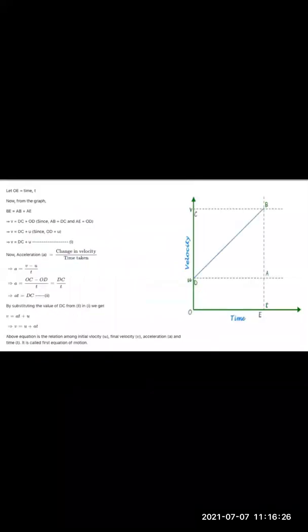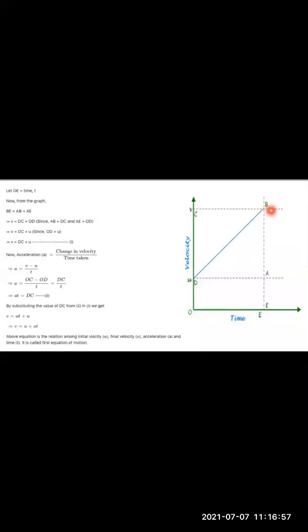Now see here, we will first define what the terms are. Initially, the object was having velocity u. When the object reaches point B, the final velocity is v. Okay, so in the time, you can say OE was the total time that was taken by the object to reach point B. What is BE?